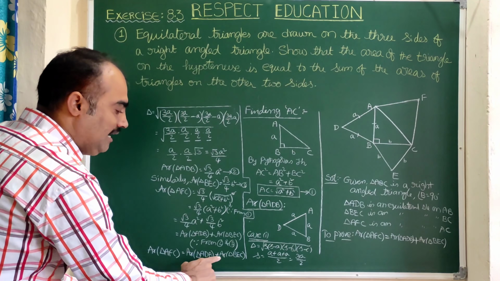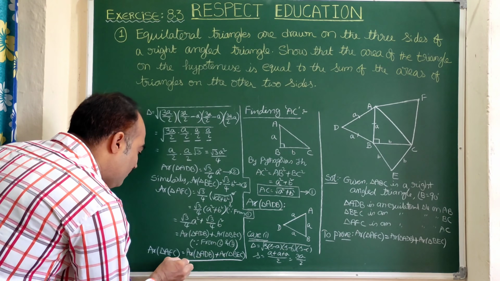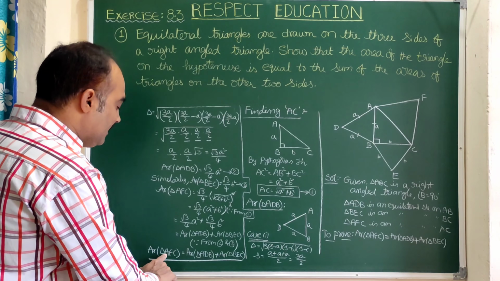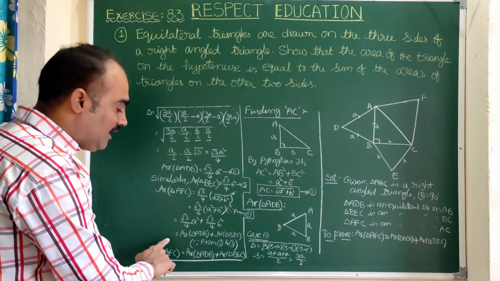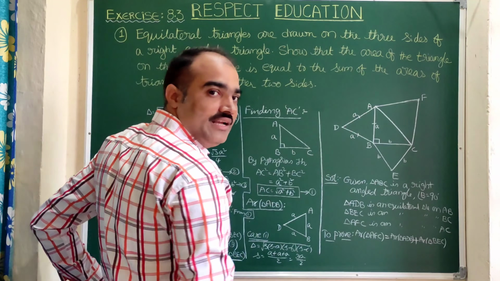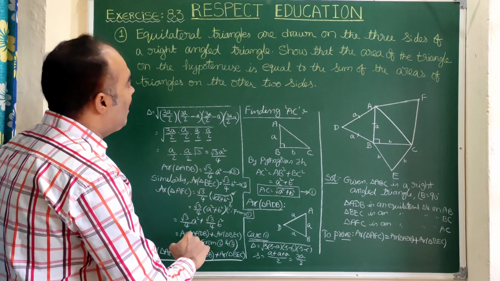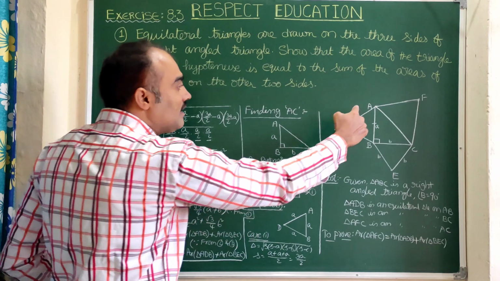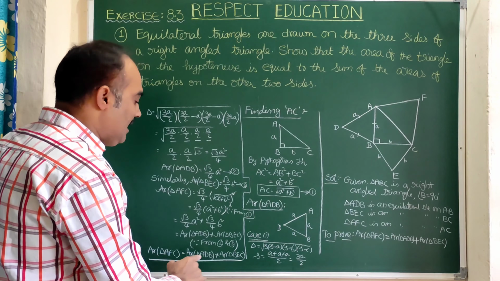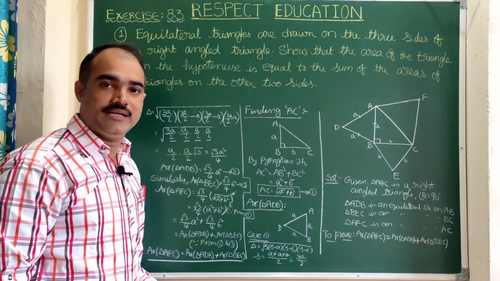So what is required, we have achieved. Finally we can conclude that the area of the equilateral triangle drawn on the hypotenuse is equal to the sum of the areas of triangles drawn on the other two sides. With this we can say hence proved. With this problem 1 gets completed.